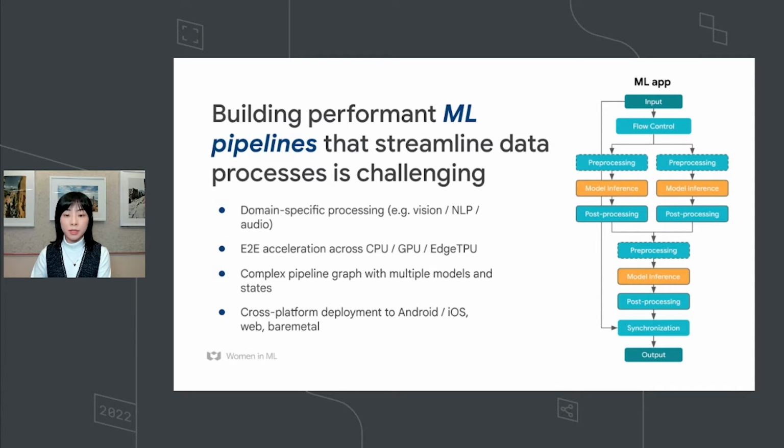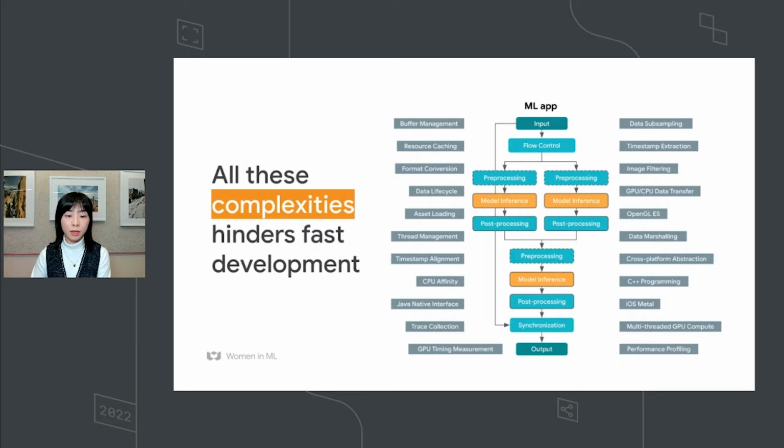Achieving high performance is another big challenge sometimes, as end-to-end holistic acceleration, especially for heterogeneous pipelines, is a huge multi-phase problem. You may also encounter problems when deploying your solutions across platforms onto Android, iOS, web, desktop, bare metal, or IoT devices. As a result, developing on-device ML solutions becomes a mammoth project that requires tons of engineering work.